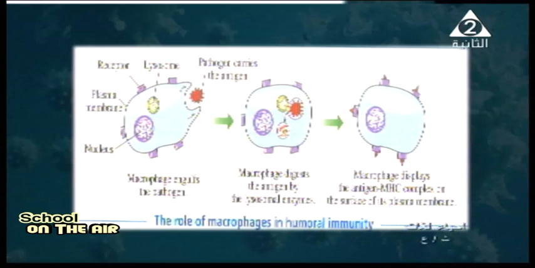This is the pathogen which carries the antigen, and these are the receptors of the antigen. The macrophage recognizes it and takes it inside the cell. Then the lysosome combines with it for lysis, meaning killing it. After digesting this antigen with lysosomal enzymes, the macrophage displays the MHC complex at the surface of the plasma membrane, to get rid of this toxic substance.